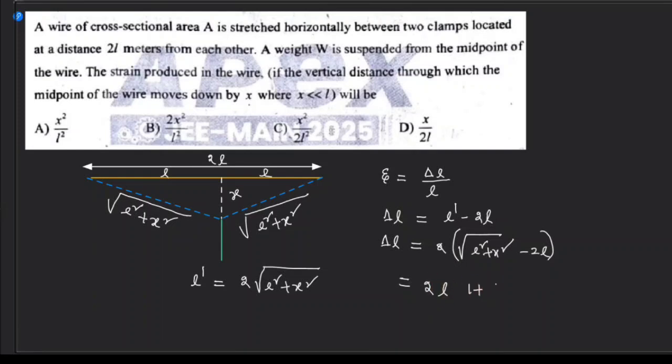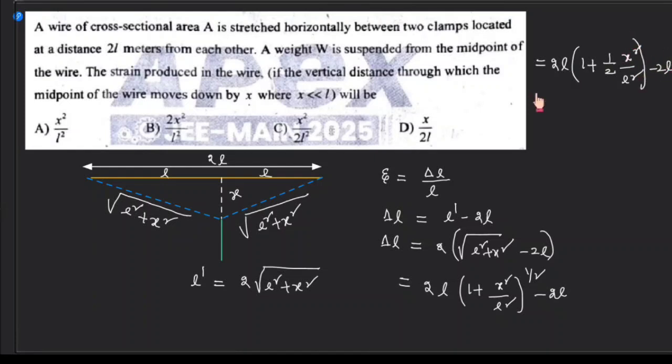It will be like 1 plus x square by L square whole power 1 by 2, minus 2 into L. Now if we use the binomial expansion, 2L into 1 plus 1 by 2 x square by L square, right, minus 2L.